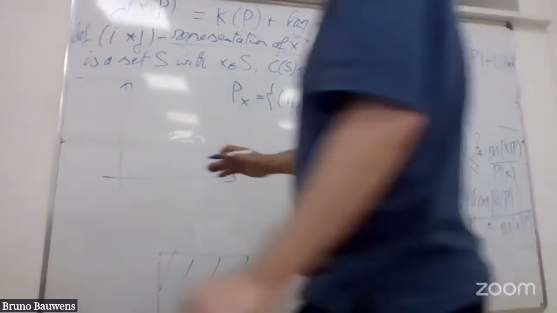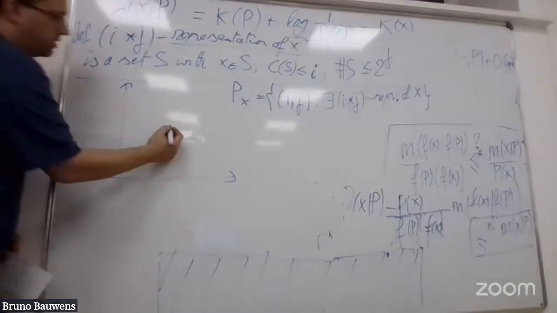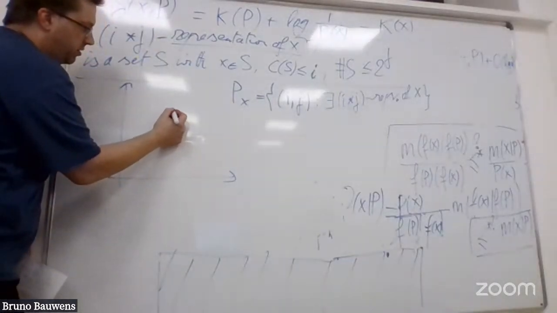So this is a set that's like, if there is a point in the set, then all the points on the top.